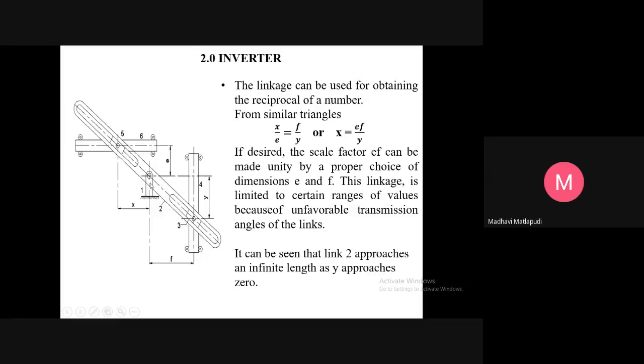In similar triangles, you compare the ratios. The ratios are X by E is equal to F by Y, or X is equal to EF by Y. If E and F are constants, and if you maintain the product EF as unity, then X and Y are reciprocal to each other.